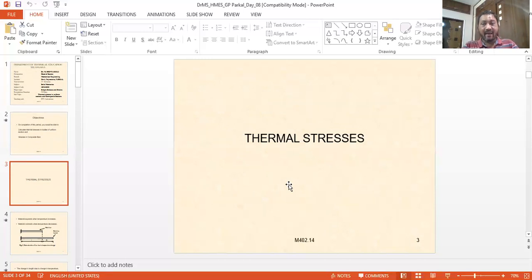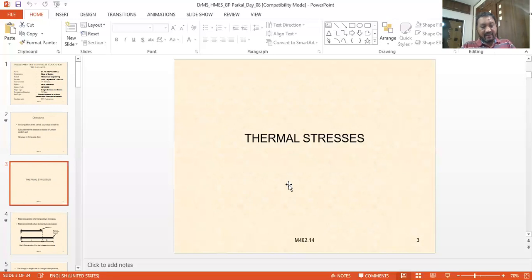Whenever the free expansion or contraction is avoided either fully or partially, then the bars are subjected to some kind of strains, as if the bars are subjected to forces, and due to that some amount of stresses are induced in the bars, and those stresses are called the thermal stresses.